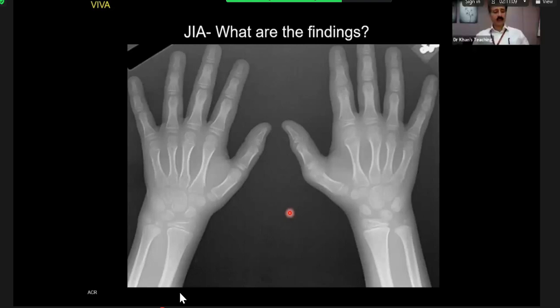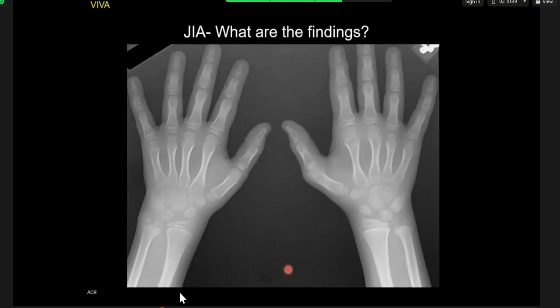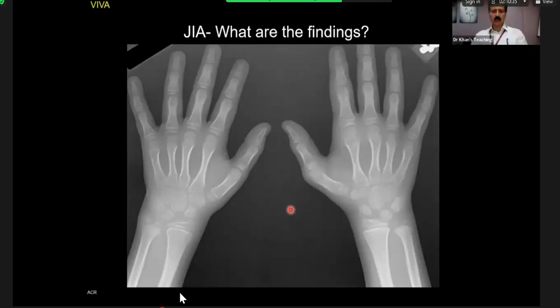Look at the epiphysis, compare it. So on the right, there's some soft tissue swelling and enlargement of the metacarpal epiphyses, probably most in the index and middle finger metacarpal epiphyses, with some soft tissue swelling around the index finger. Okay, excellent. I'll take over.